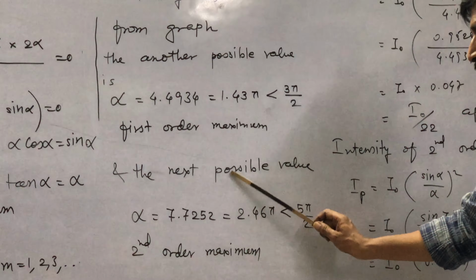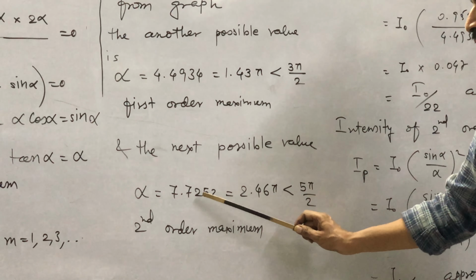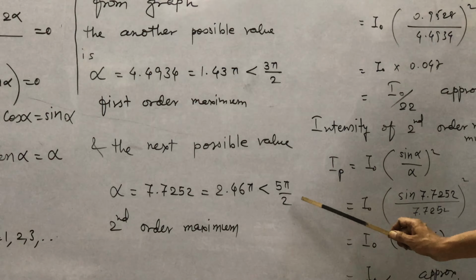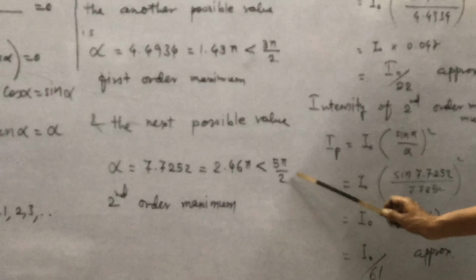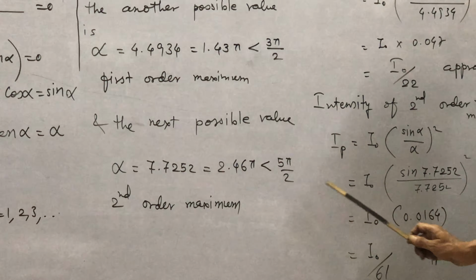The next possible value, also from the graph, is α equal to 7.7252. It is equal to 2.46π, which is less than 5π by 2 but nearly equal to 5π by 2. This is the condition for second order maximum.